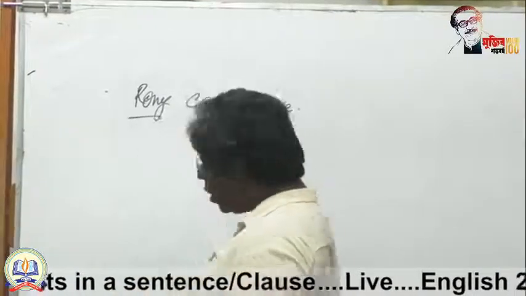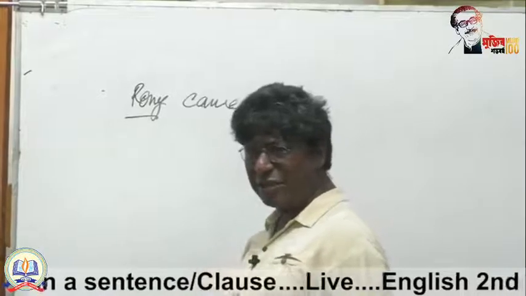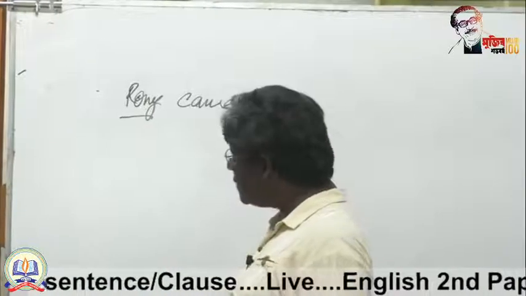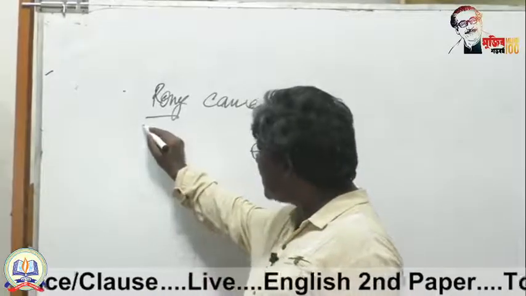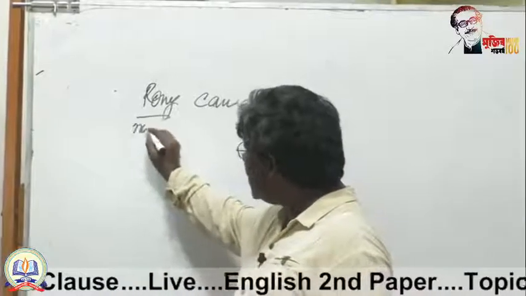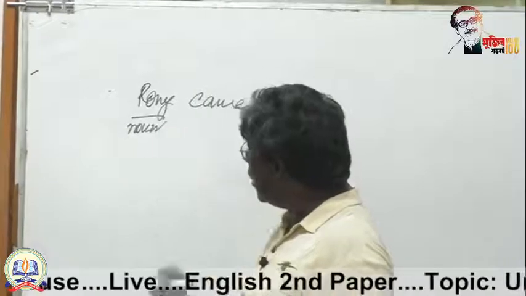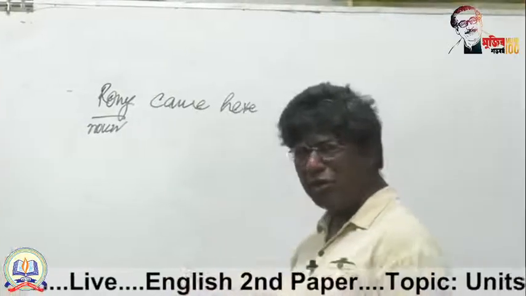Here, Ronnie is the subject of the sentence. You can identify it easily. It is expressed in a single word, thus it is a part of speech, and we know it is a noun.